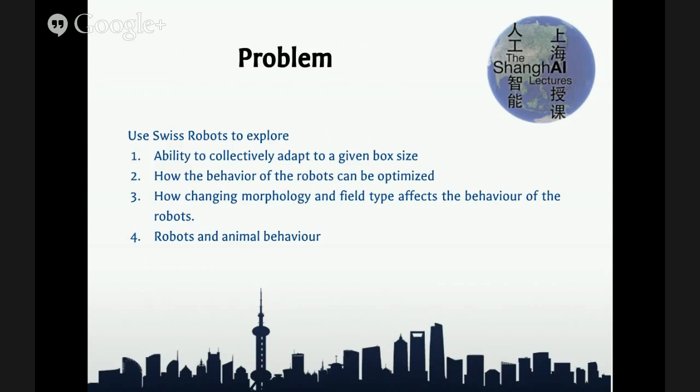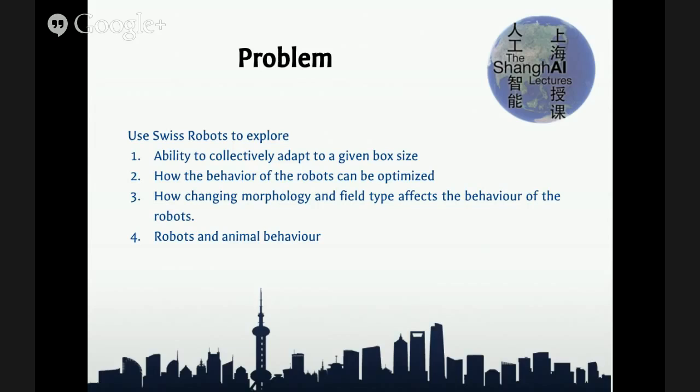The next problem is how the behavior of the robots can be optimized. Also, we tried to introduce some sensors or maybe other objects to the robots to check what would happen. The next problem is how change in morphology and field type affects the behavior of the robots.